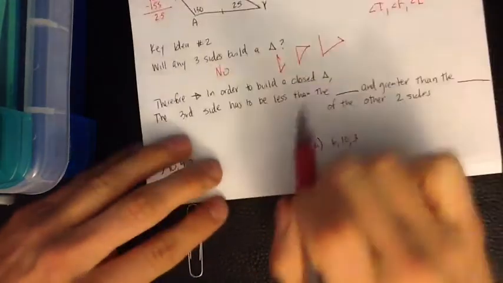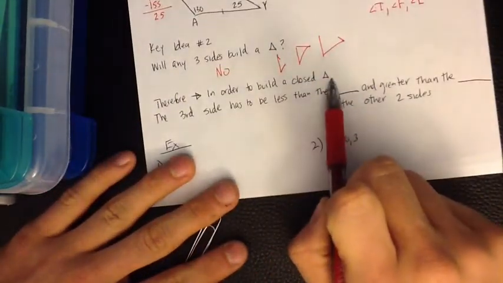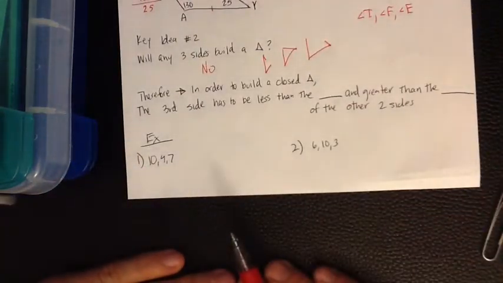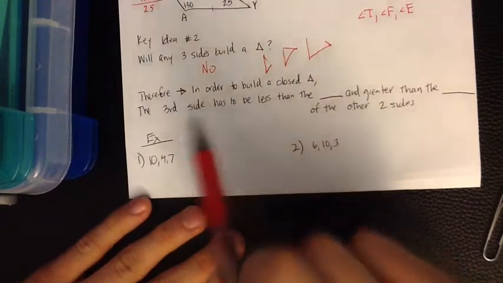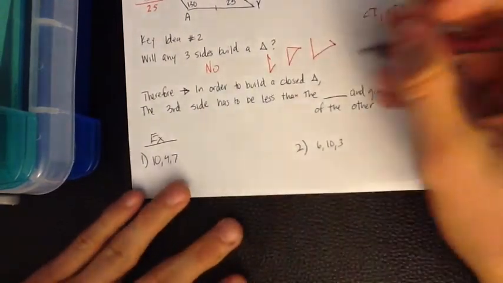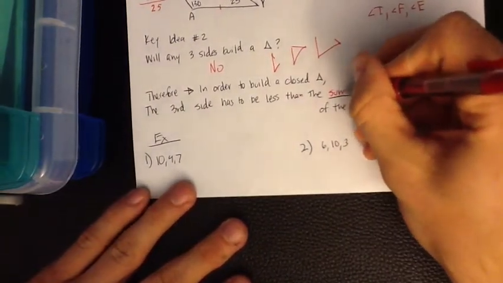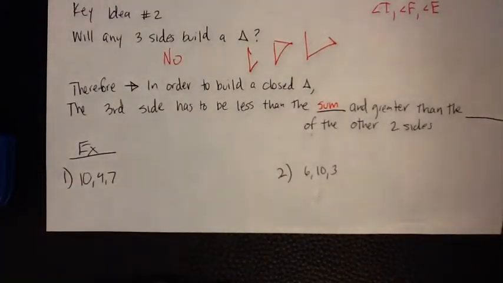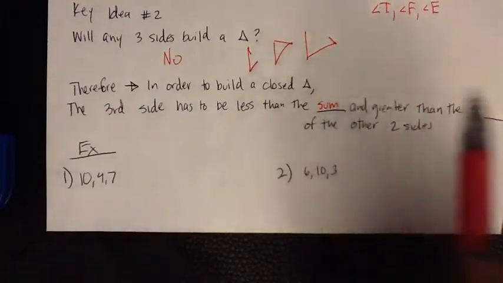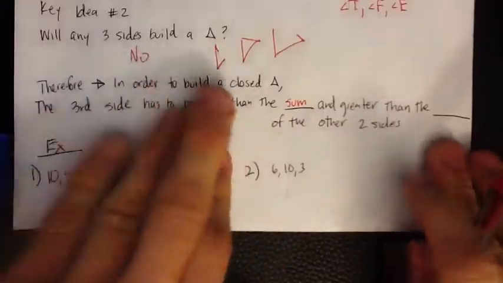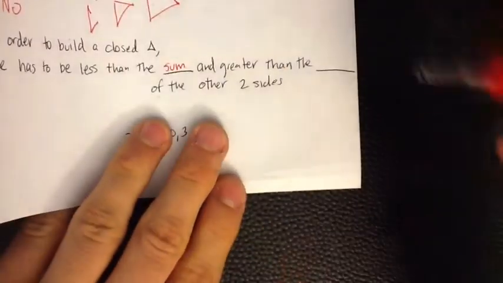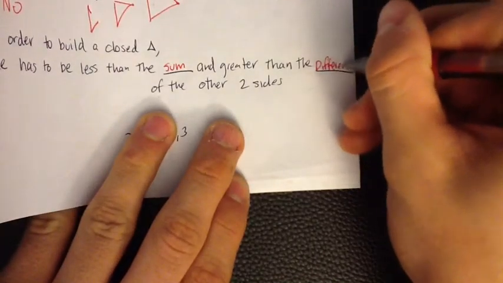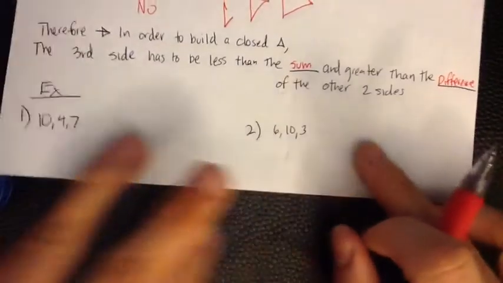So therefore, in order to build a closed triangle, because remember all polygons are closed figures, the third side has to be less than the sum and greater than the difference of the other 2 sides.